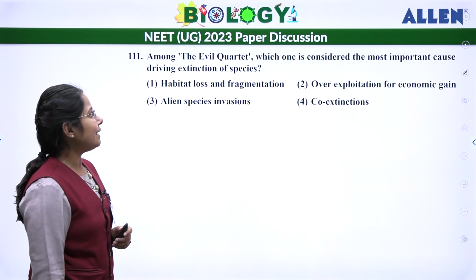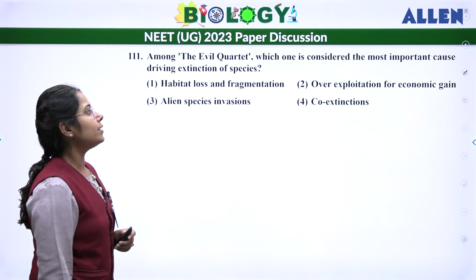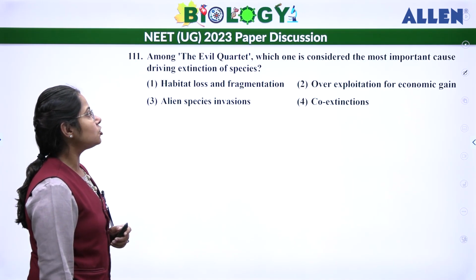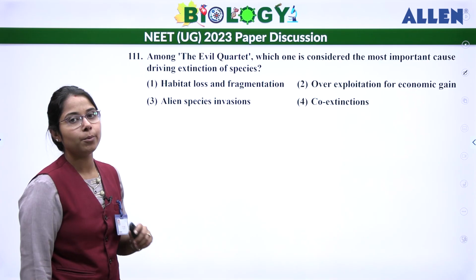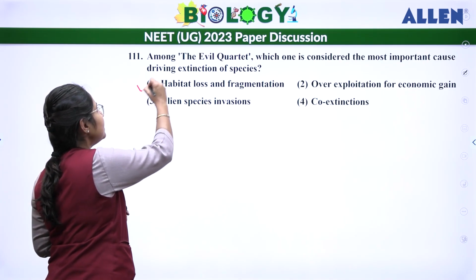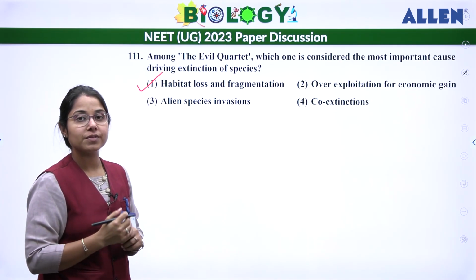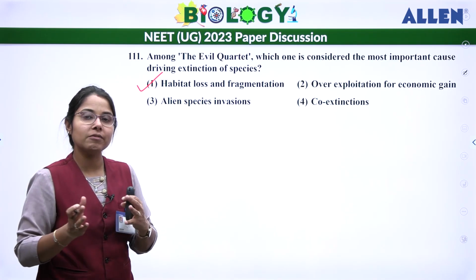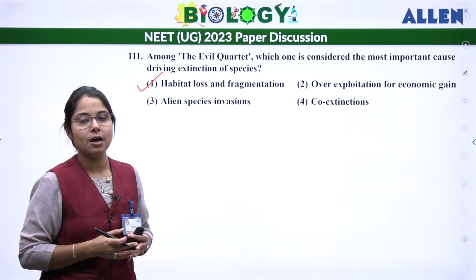Among the 4 evil quartet, which one is considered the most important cause driving extinction of species? So the most important will be habitat loss and fragmentation. When the habitat is not there for the organisms to survive, obviously it will lead to extinction of that organism.